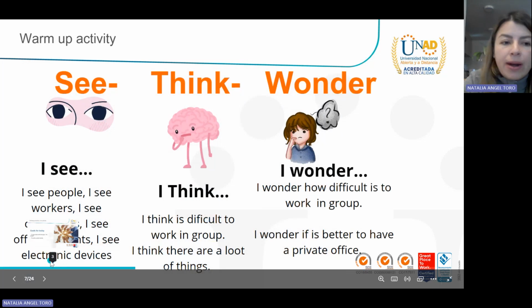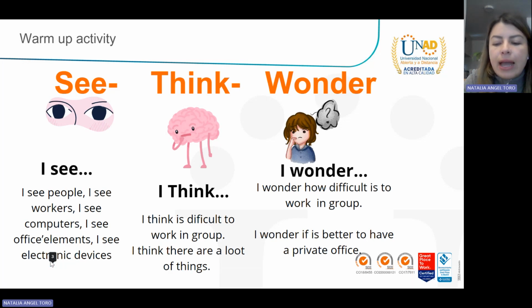So the first part is see, and the question is, what do you observe or notice, or what do you see in the picture? The idea is to answer, I see, and the things you already saw.